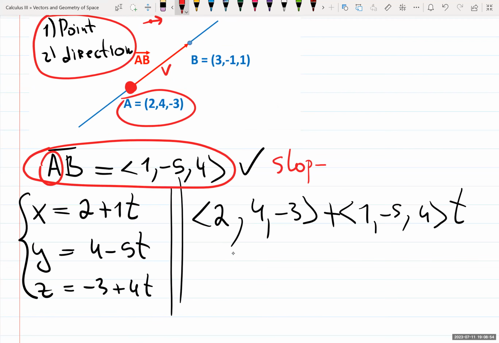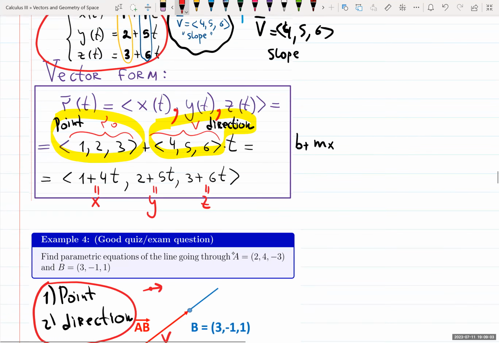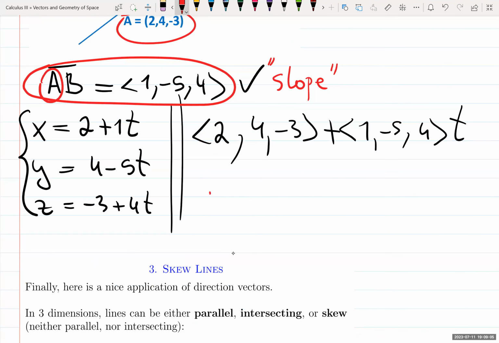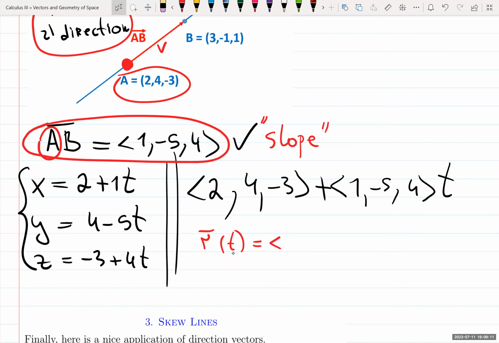This is my slope, if you want to see it this way. Since this is my slope, I now know how the equation of the line will look in all 3 notations. The unusual one: slope is 1, so it's going to be 1t plus a point.